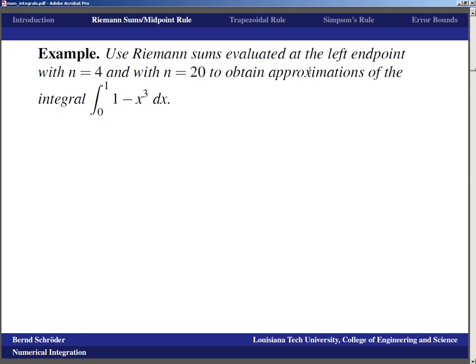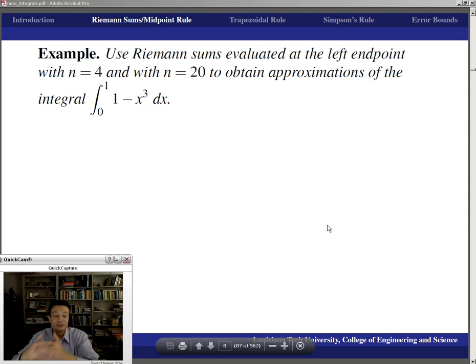We want to use Riemann sums evaluated at the left endpoint with n equals 4 and with n equals 20 to obtain approximations of the integral from 0 to 1 of 1 minus x cubed dx. Now this is a toy problem in many ways, because we don't need numerical approximations to figure out the integral of 1 minus x cubed, right?